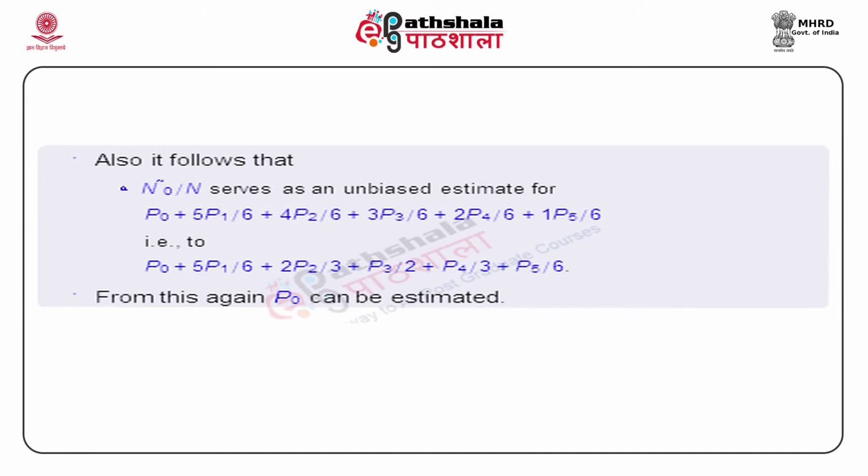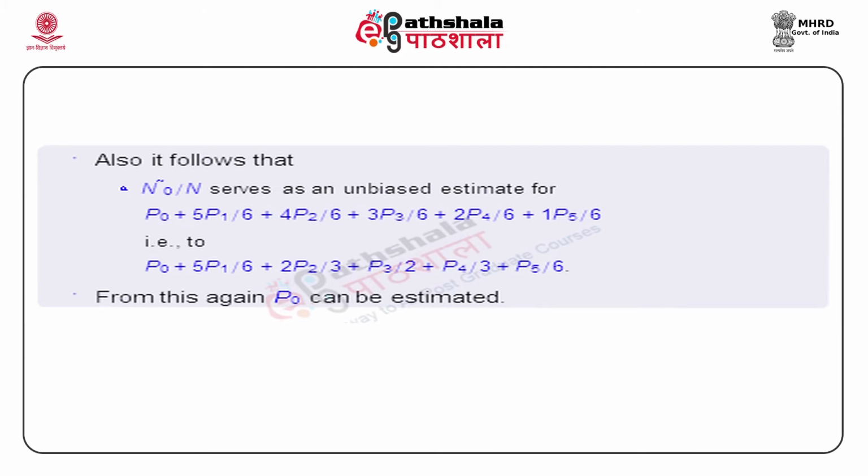Similarly, 4 over 6 P2, 3 over 6 P3 and so on. So, N0 tilde by N serves as an estimate for this quantity; now you simplify this. From this again P0 can be estimated. You look at N0 tilde over capital N, from that you take out estimates of all these quantities and you get an estimate of P0. That is one way of doing it.